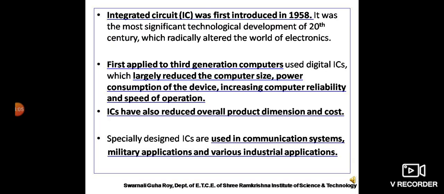The integrated circuit was first introduced in the year 1958. It was the most significant technological advancement of the 20th century, which has radically changed the world of electronics. Though it was first applied for computers, third generation computers used digital ICs.